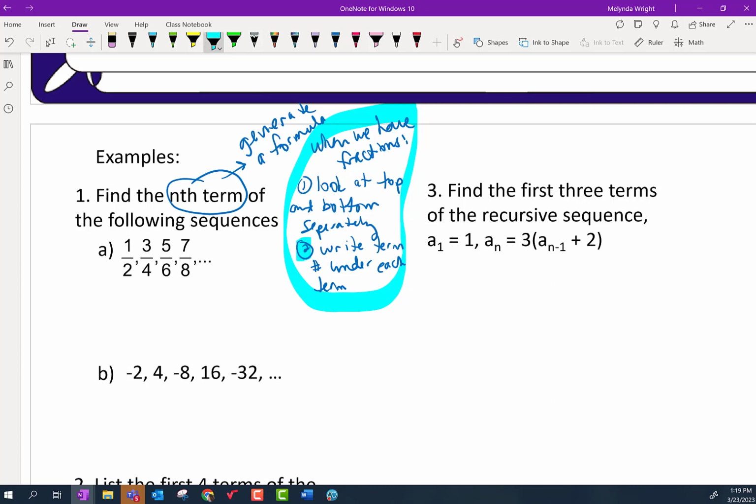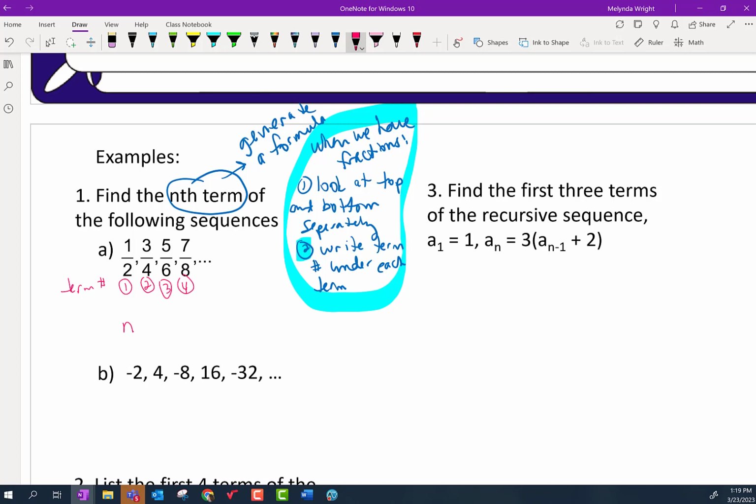Okay, so I'm going to start by writing the term number down underneath. This is term number one, term number two, term number three, term number four. Why would I write term numbers down there? Well, because the formula that I have to come up with in my brain will have an n in it. And so the n, whenever I put a 1 in the n, it's a 1. I put a 2, it's a 2. 3, it's a 3.